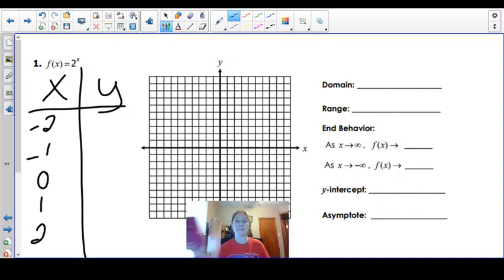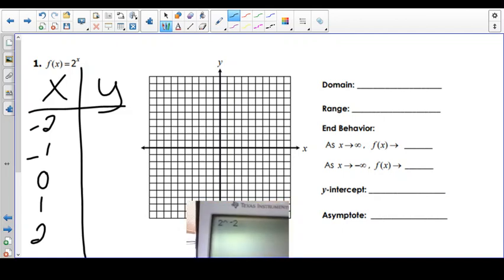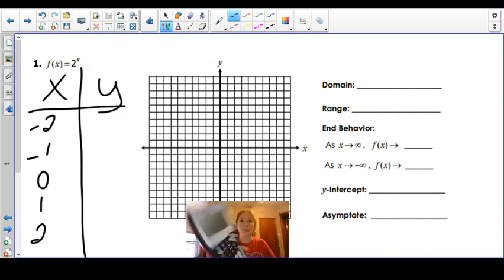So we're going to get our handy dandy calculators. If you don't have yours with you right now, please pause the video so that everyone can get one. So in our calculator, we're going to want to make it look like this: 2 to the -2nd. If you have one of the newer calculators, it'll put that -2 up in the exponent for you.